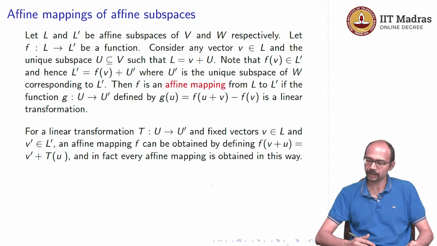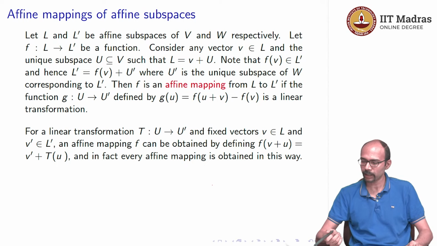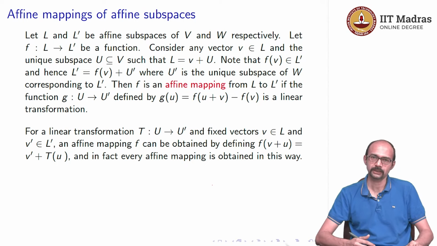So, for a linear transformation T from U to U prime and fixed vectors v in L and v prime in L prime, an affine mapping can be obtained by defining f of v plus u equal to v prime plus T of u. Here basically you are saying put f of v equals v prime, and then for any other point on this affine subspace, there is some u such that the point is v plus u.